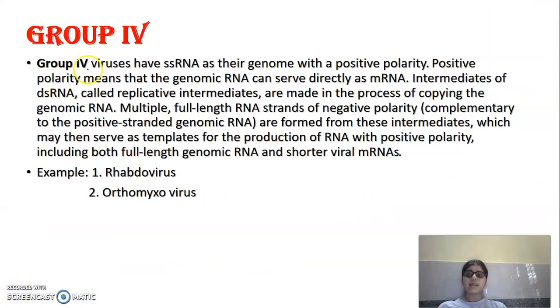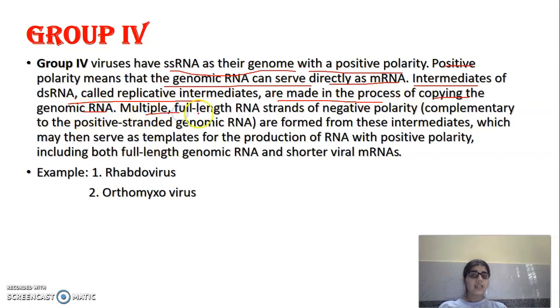Group 4 viruses. Group 4 viruses have single-stranded RNA as their genome with a positive polarity or positive sense. Positive polarity means that the genomic RNA can serve directly as mRNA, and intermediates of double-stranded RNA called replicative intermediates are made in the process of copying the genomic RNA.